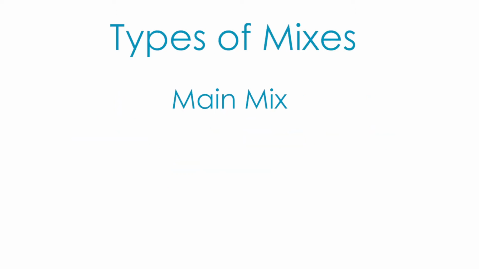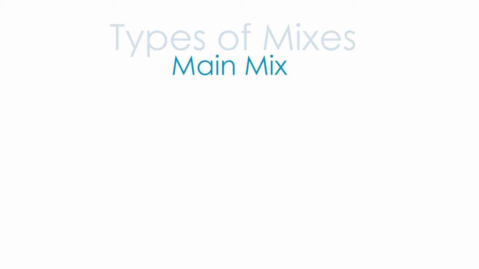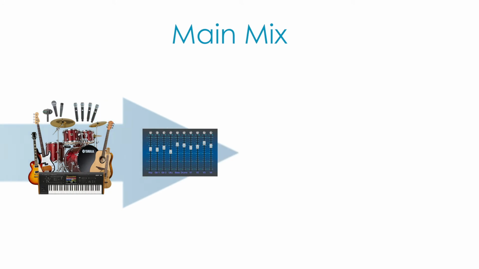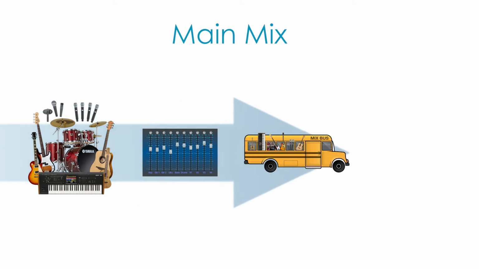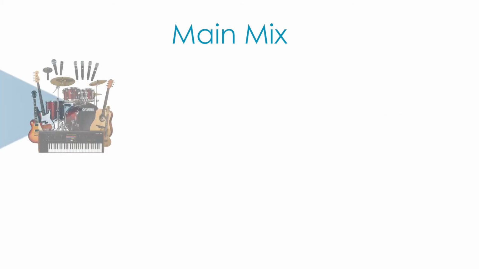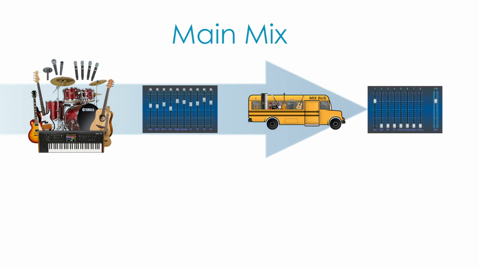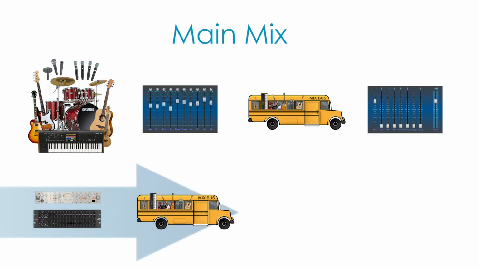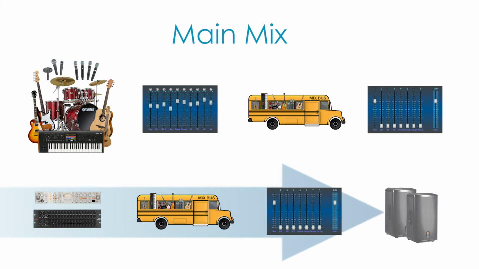Finally, we have the main mix. This is the mix containing all the audio sources you want the congregation to hear, blended, processed, and routed on a bus to the main mix output, which is connected to the main speakers. Additionally, the main mix may contain processed group mixes that are routed on a second bus to the main output mix and connected to the main speakers.